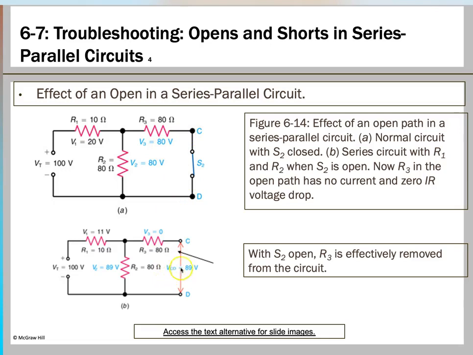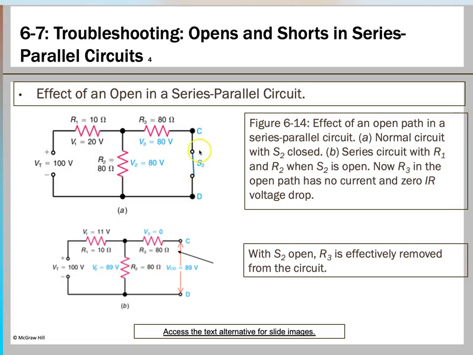In the second case, when CD is open, so the S2 switch is open, what will happen? There will be zero current flowing into this resistance. So the voltage across this also is going to be 0. You will have some voltage across this, and that voltage is going to be equivalent to the voltage across R2. You understand my point.